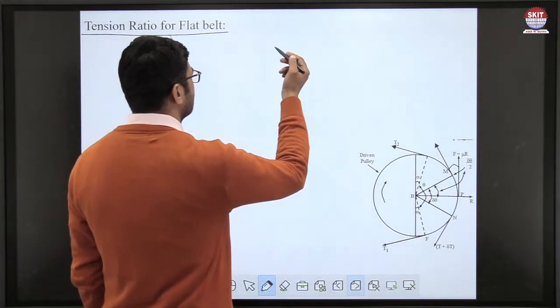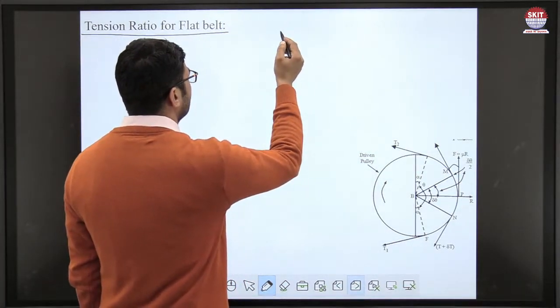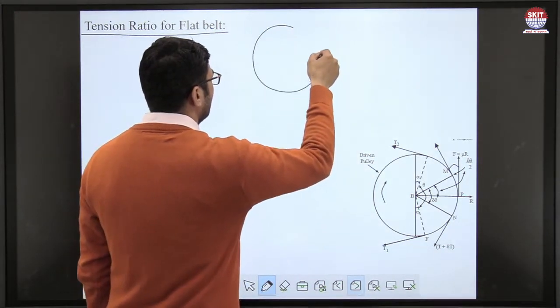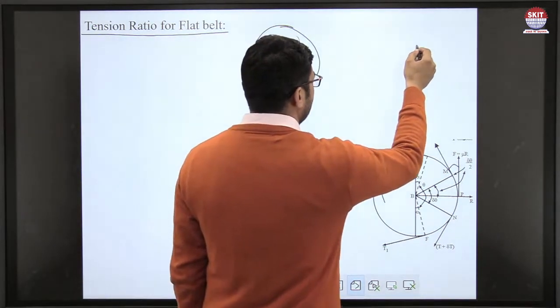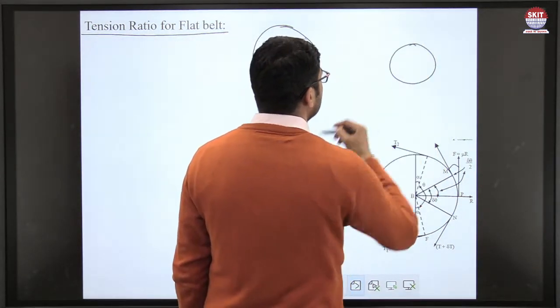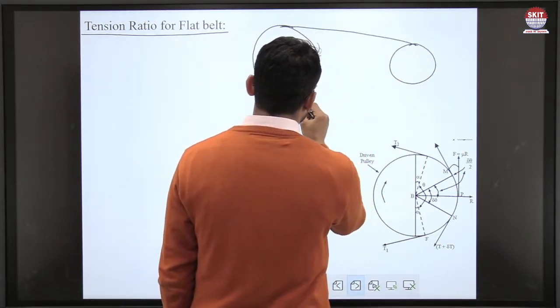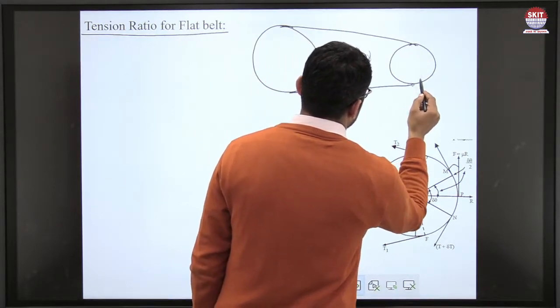In the previous lectures, we explained that when two pulleys are connected by a belt, in open belt or cross belt, we provide the initial tension.